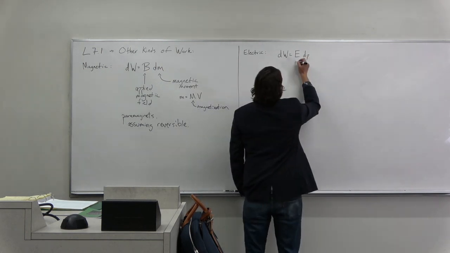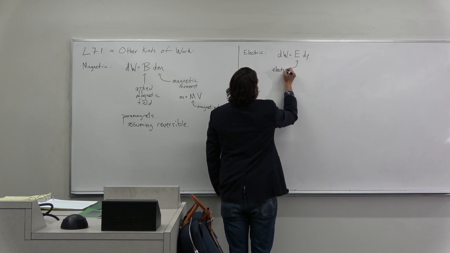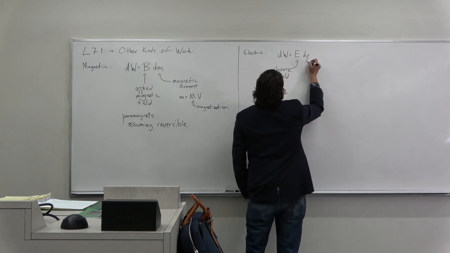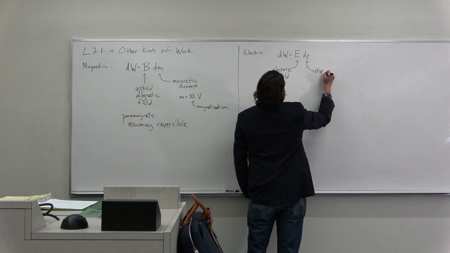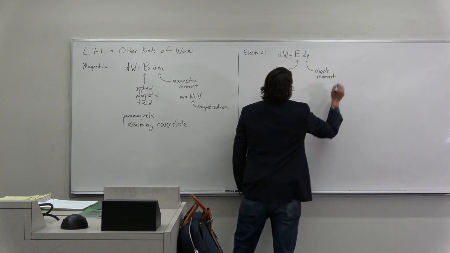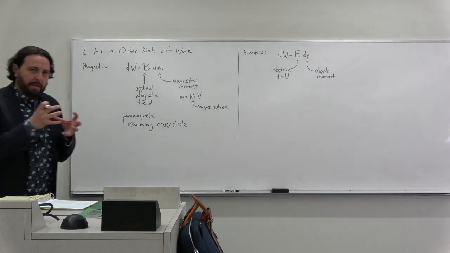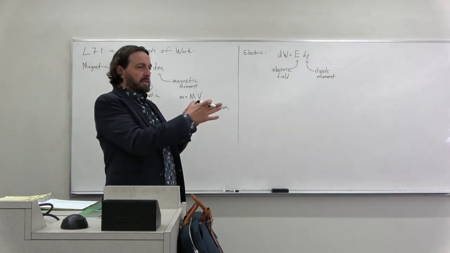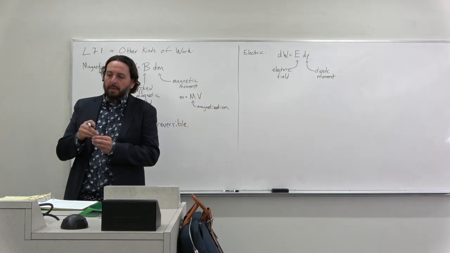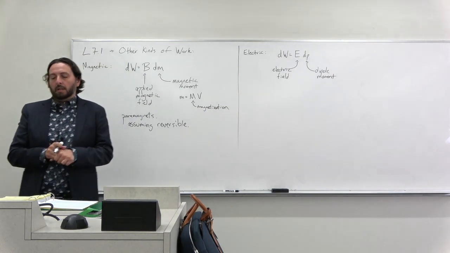So this is the electric field, and this is called the dipole moment. Many of you have probably taken chemistry classes where you think about the electronic orbital and distorting it, and then there's a dipole moment. There's a net electronic distribution.